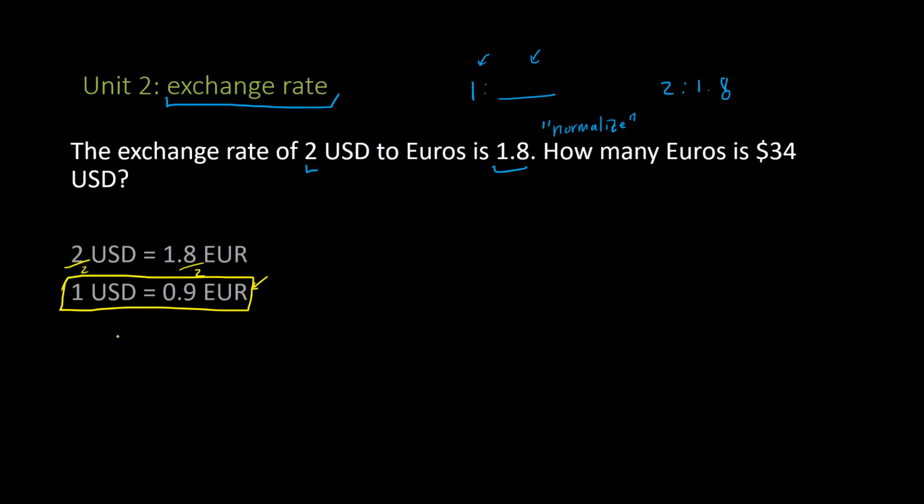Once you've done this, we can then calculate how many euros is 34 USD. We can do that by multiplying by 34. So I've done times 34 on the left-hand side, so we say, okay, well then that means that 34 US dollars is equal to 0.9 times 34, which is 30.6 euros.